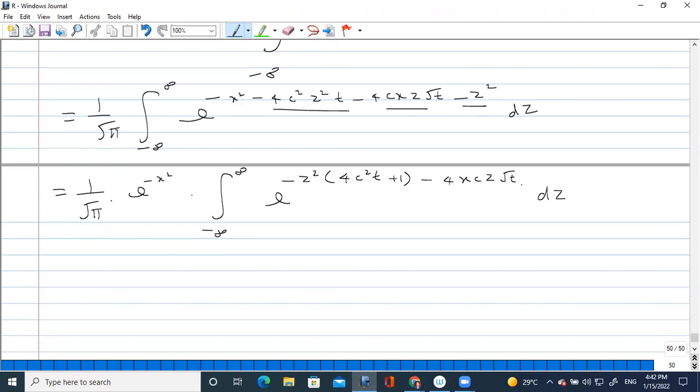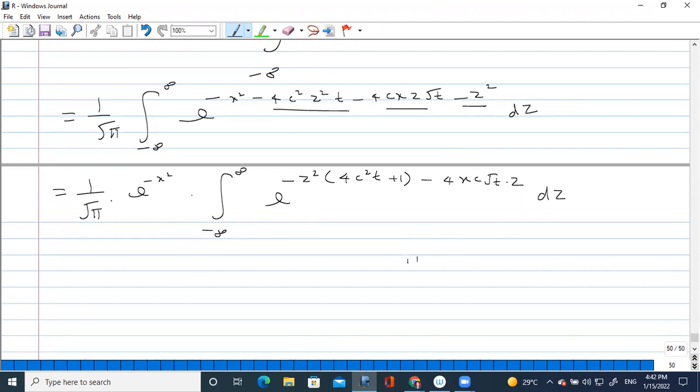Now you can write it for z, you keep at the last, 4xc under root t into z. So what you can do, you can write it like this.